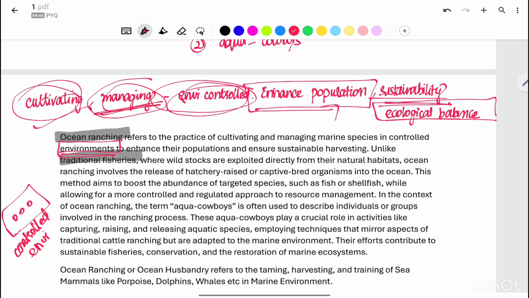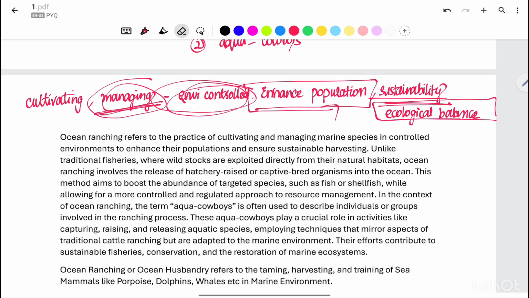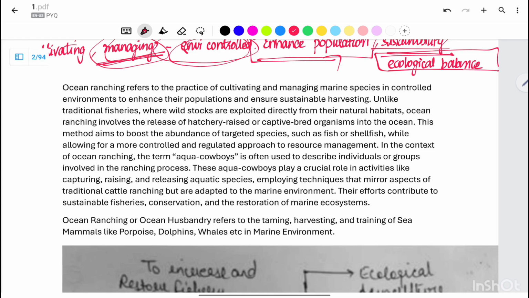You hatch the eggs, and when they are big enough, you go and place them in a controlled area of the ocean, right? This is called captive breeding, where you take male and female adults, fertilize them, they lay eggs, and you grow the eggs to a certain size, and then you go and release those in the ocean.